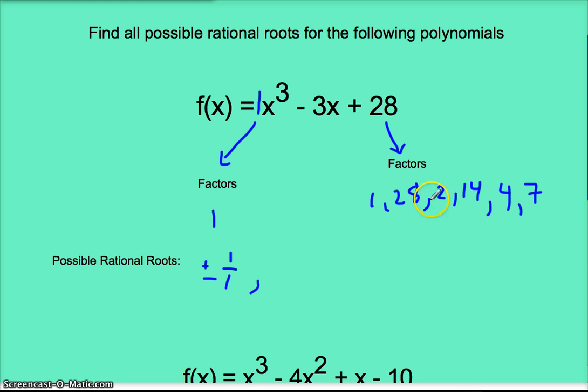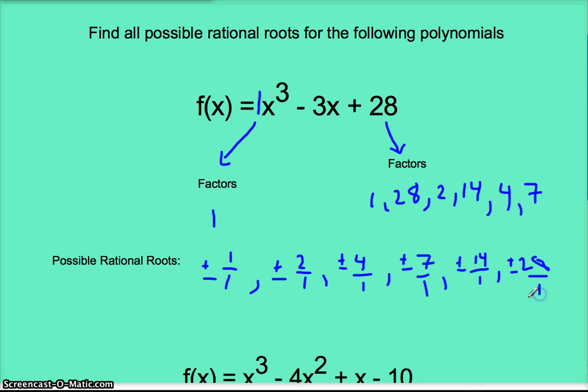Plus or minus 2 over 1, then plus or minus 4 over 1, 4 being my next highest factor. Then we have 7, so plus or minus 7 over 1, then plus or minus 14 over 1, and then finally plus or minus 28 over 1.